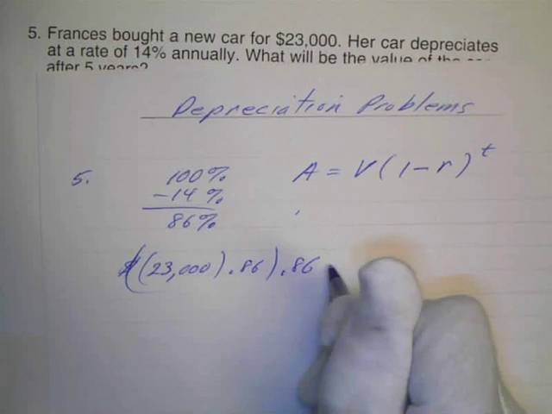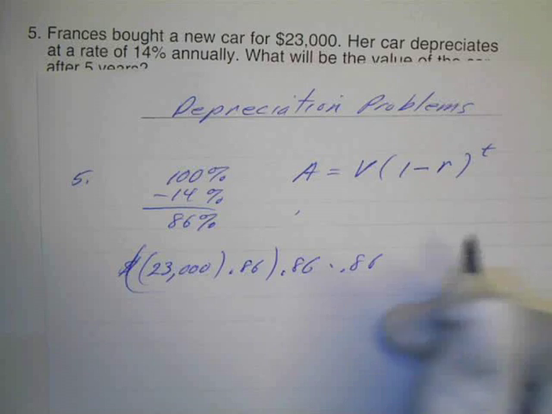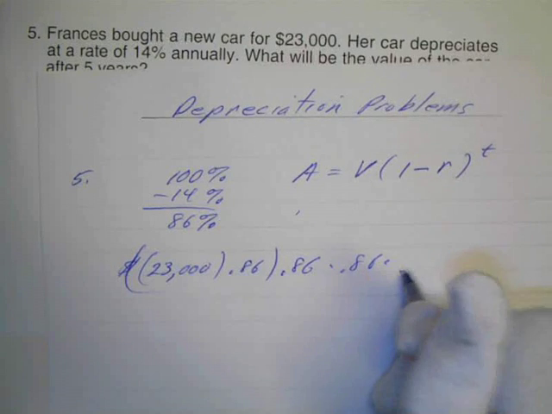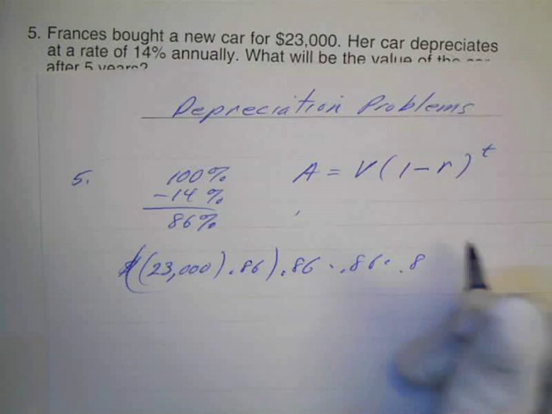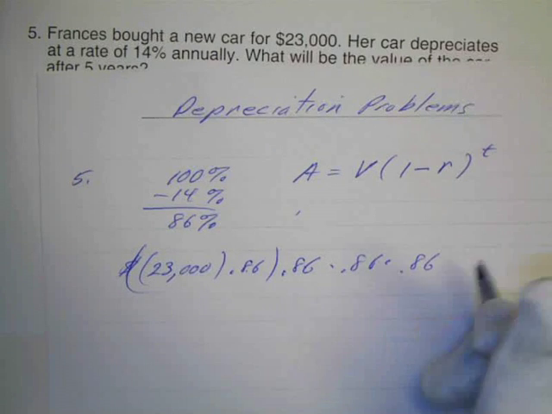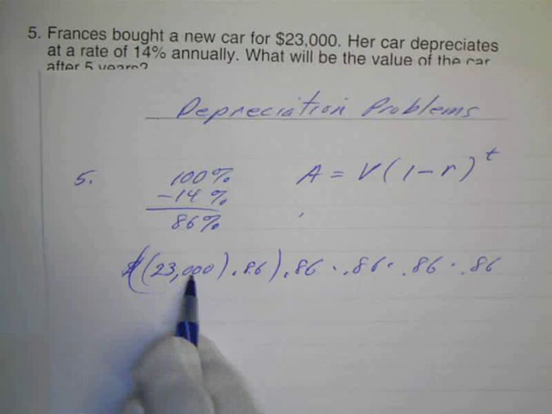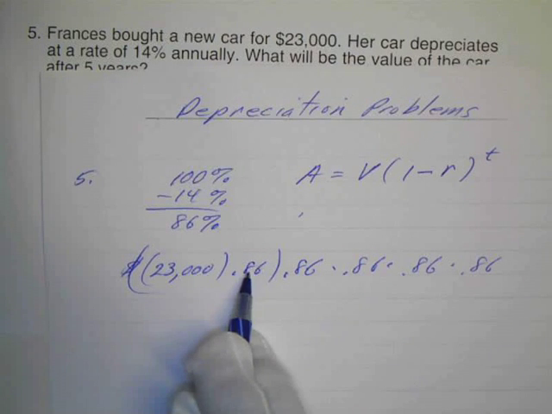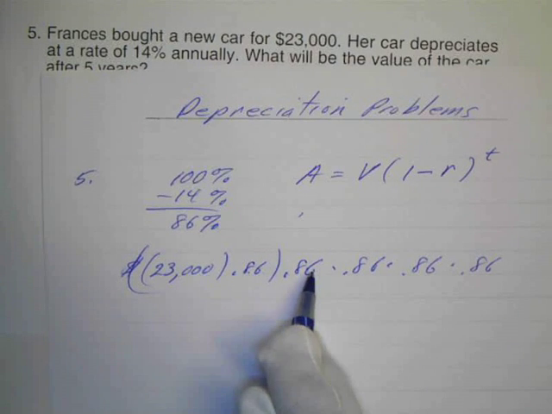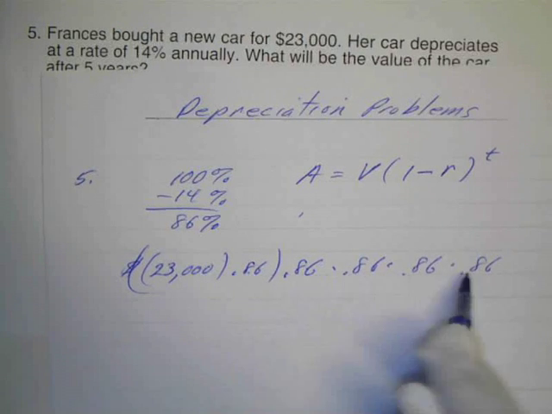Then we keep multiplying that by 0.86, and just keep doing it 5 times because it's going to be 5 years. So this is how much we start with. After 1 year, we have that. After 2 years, 3 years, 4 years, 5 years. So you can see we actually have 0.86 to the 5th power.